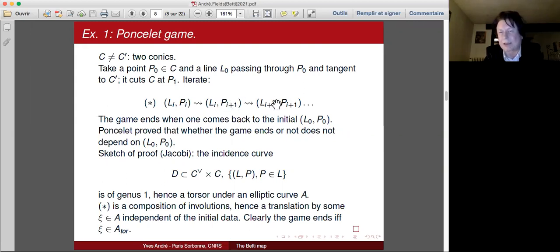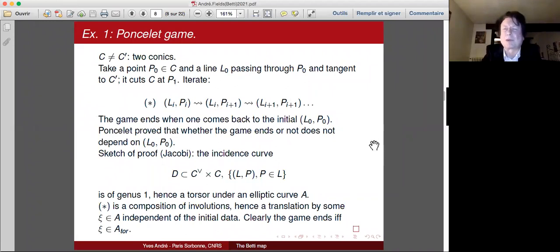So there is this two-step move, and we can iterate. And the game ends when one comes back to the initial situation, L0, P0. This is a theorem of Poncelet that the game ends or does not end independently of the initial data, L0, P0. It depends only on the pair of conics.